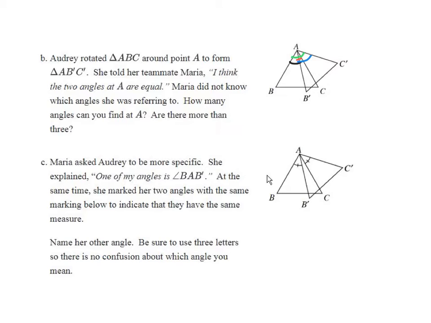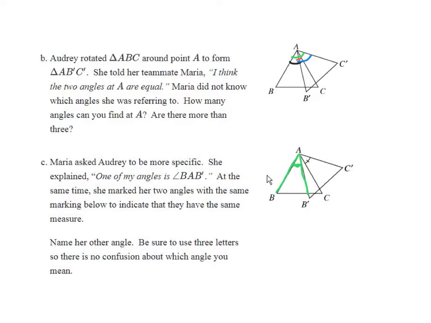Maria asked Aubrey to be more specific. She explained that one of my angles is angle B, A, B prime. So she was talking about B up to A, back down to B prime, meaning that angle. At the same time, she marked her 2 angles with the same markings to indicate that they have the same measure.